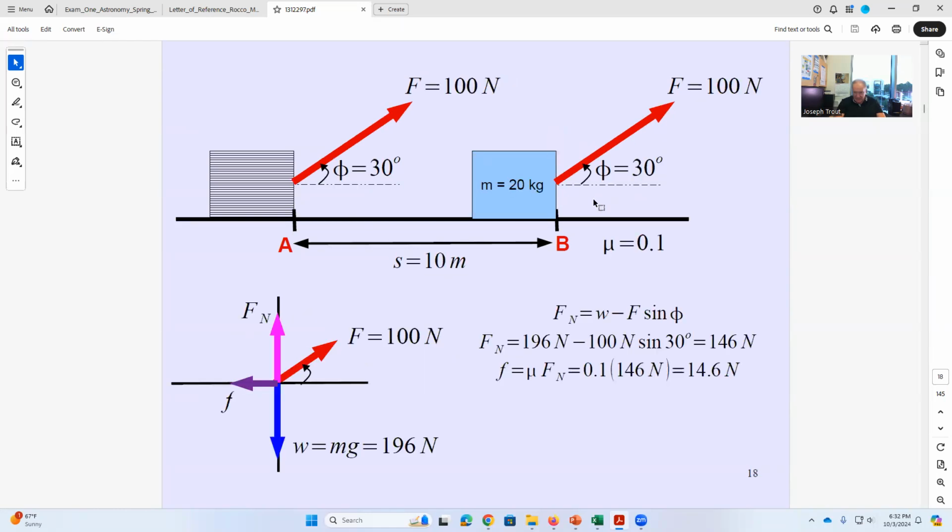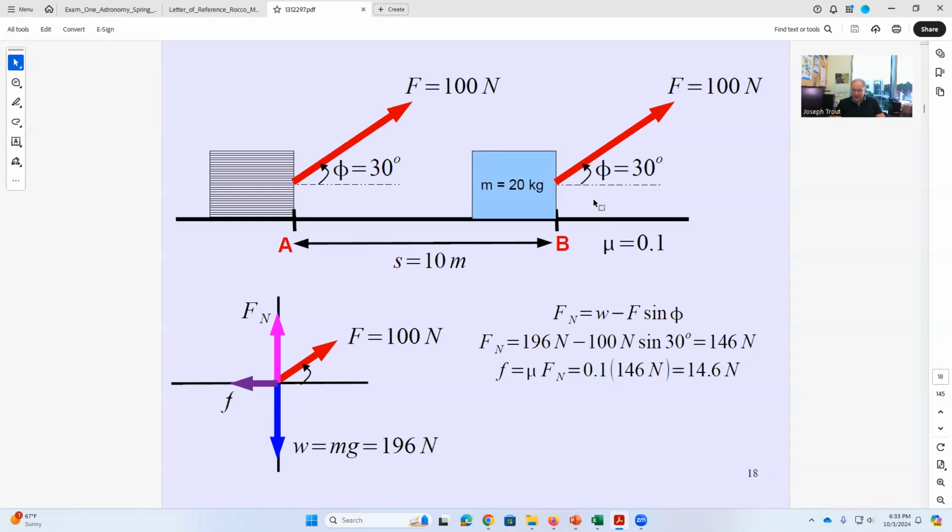So let's take this example. Here we have a box, and we're pulling the box from A to B. We're going to apply 100 newtons at an angle of 30 degrees. And there's some friction, with a coefficient of kinetic friction, and let's make the kinetic equal to the static, about 0.1.